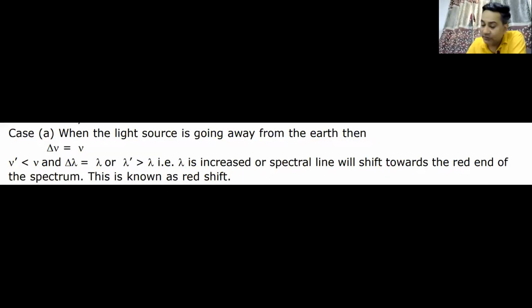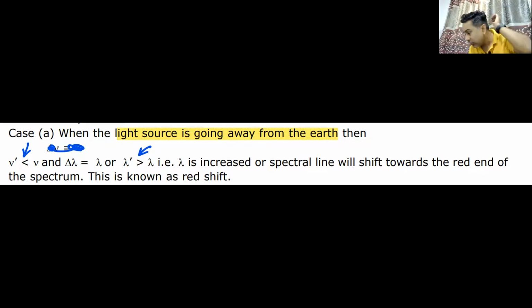And what are the two cases that can happen? The light source, the star, is moving away from the earth. Now, when the star is moving away from the earth, what will happen is the frequency that we see will decrease or the wavelength that we see will increase. Remember, that is what you need to remember.